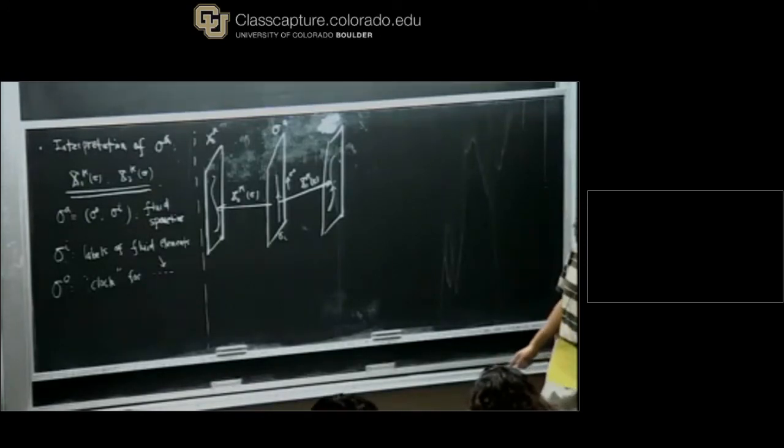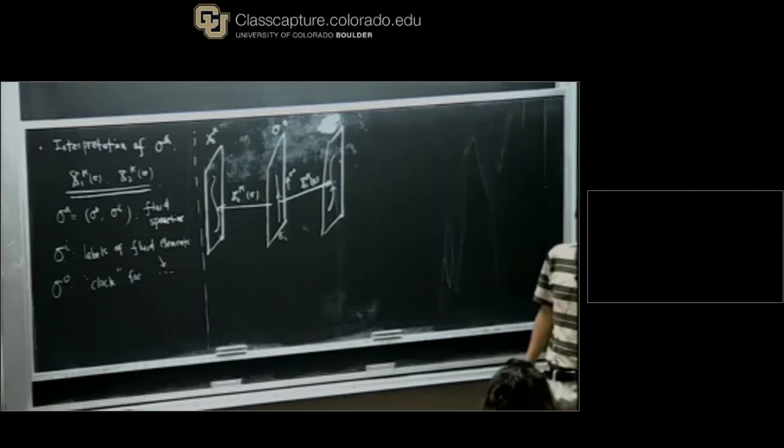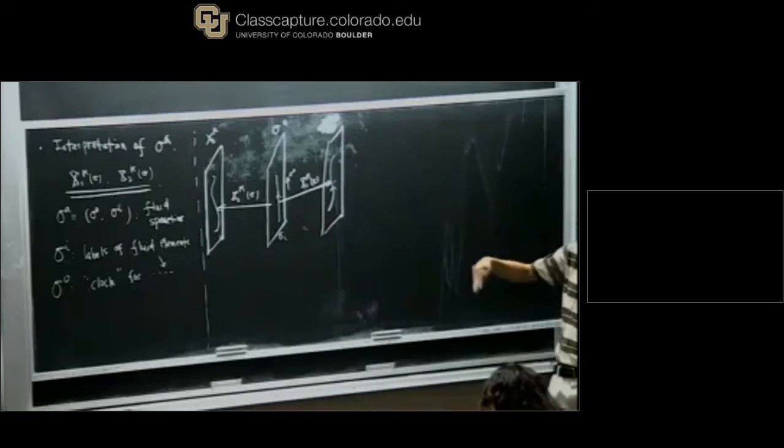So X1, X2 are scalar fields in the sigma space. Yeah, they transform as scalars. This is a little bit like the sigma model in string theory, the target space coordinates on the worldsheet.